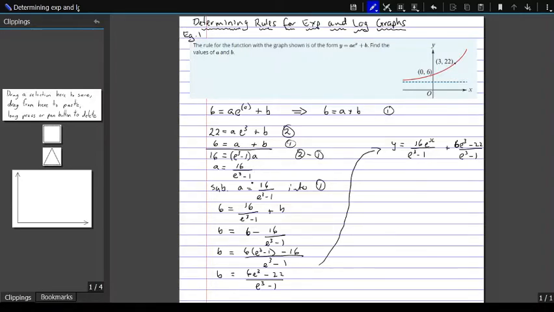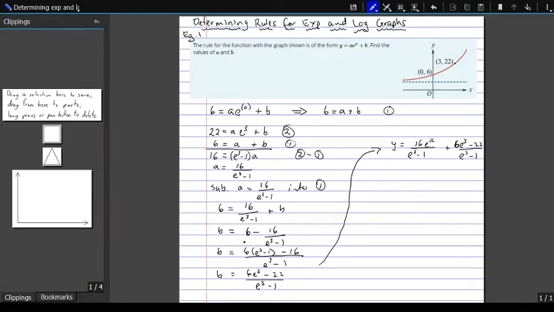What we can then do is substitute this a value into this equation that we have here. And so we have 6 equals 16 over e cubed minus 1 plus b, and then rearranging to solve for b will be 6 minus 16 over e cubed minus 1. And what we'll do then, going from here to here, is just combine these as a single fraction.